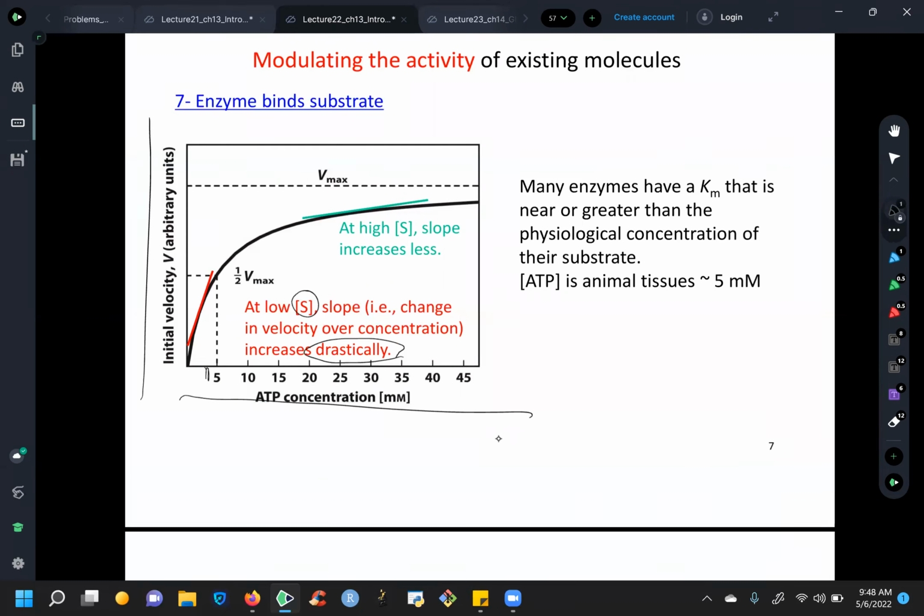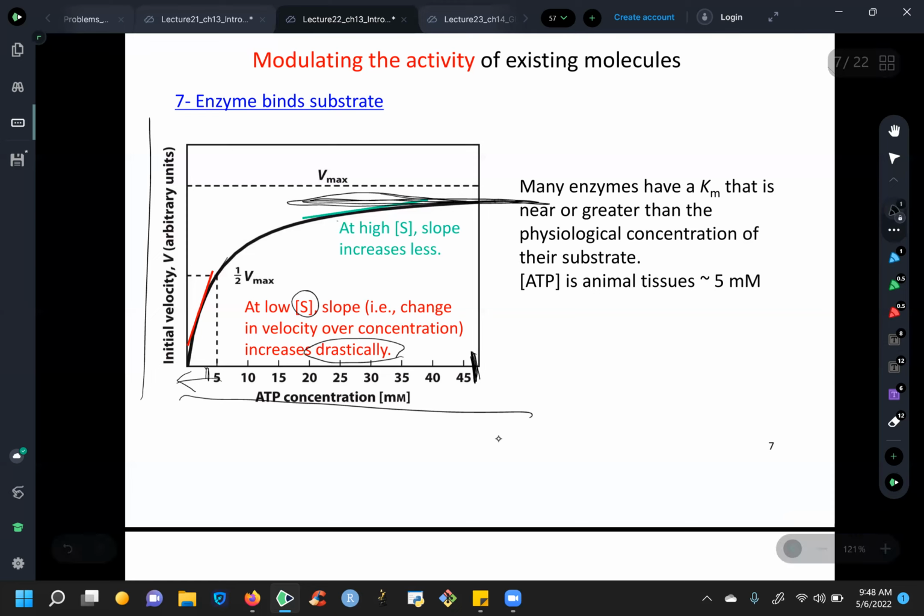The more to the left you are, the lower your concentration, and if you double it, that's going to double your rate. But on the right-hand side, if your concentration is really high, you can do 1,000 times the concentration, but your velocity is not going to increase, because all the enzyme binding sites are already full. No matter what, you can't increase your velocity. That's your max velocity.